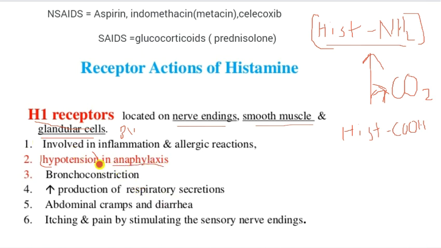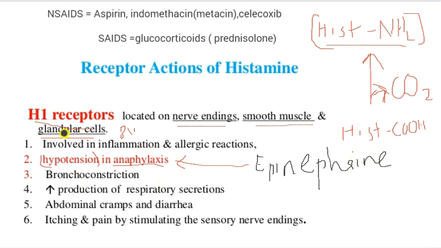In anaphylaxis, I am reminding you of one thing also. The drug we first introduce during anaphylaxis is epinephrine.